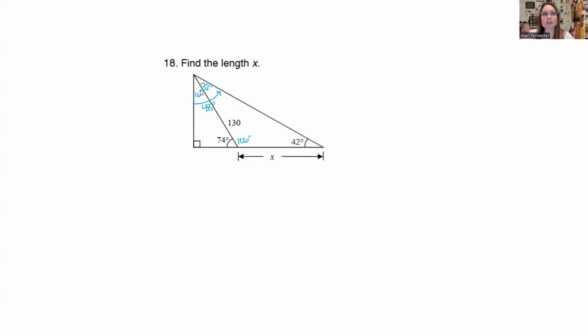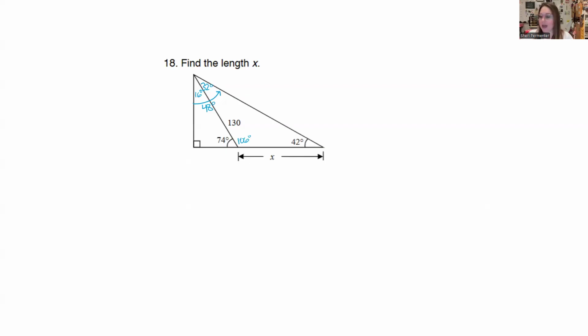What we're going to do, there's this little right triangle that actually creates this big right triangle. And if we knew this entire length down here, couldn't we just subtract off this length to find this one? Yes. So that's what we're going to do. We're going to kind of break it up.